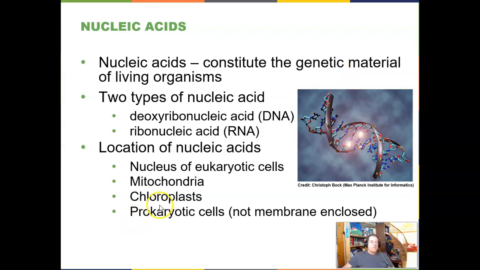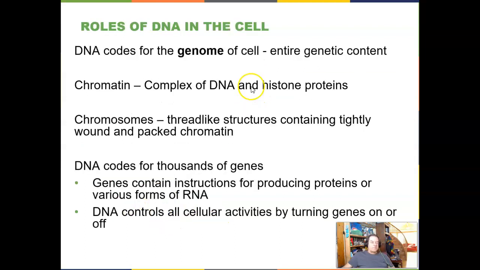All right, where do we find that stuff? The nucleus, mitochondria, chloroplasts, inside the nucleoid region of bacterial cells. Roles of DNA, again, it's the genetic material. When you take all of the DNA collectively for a given cell, you refer to that as its genome.